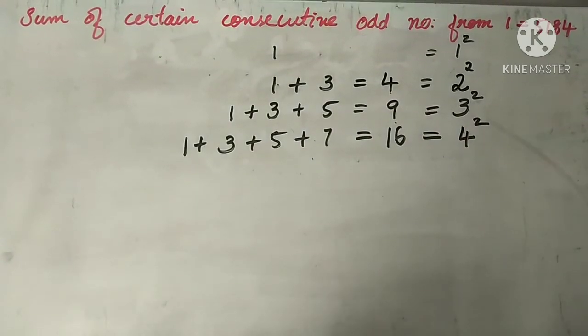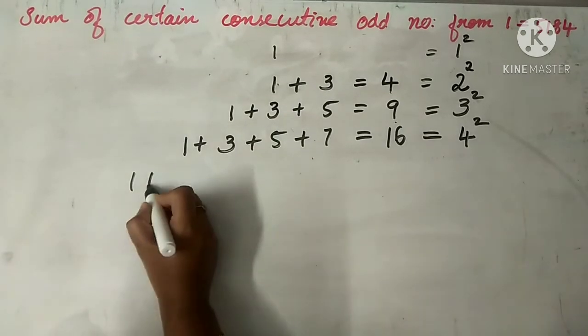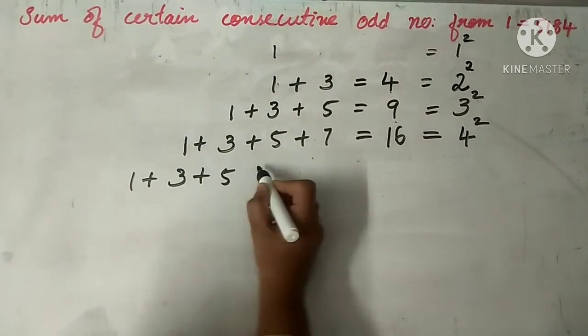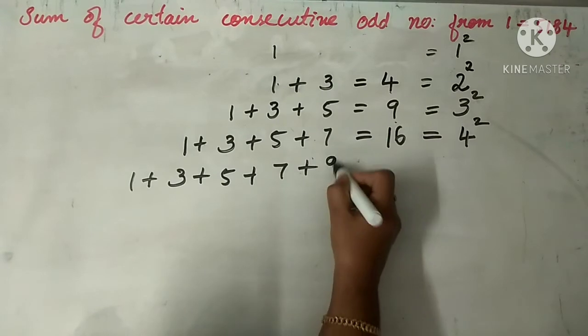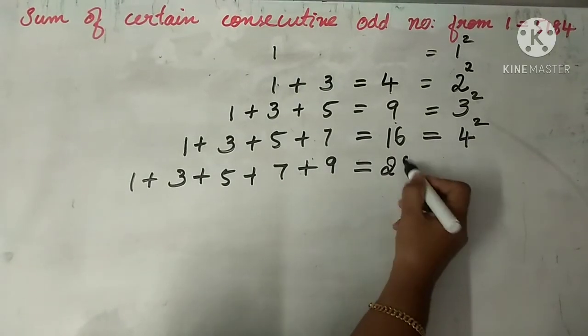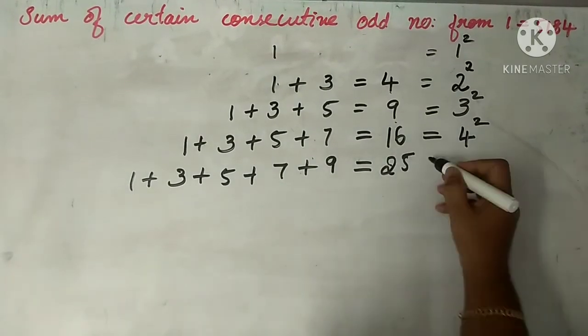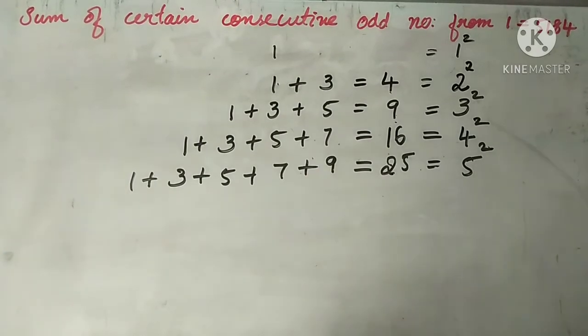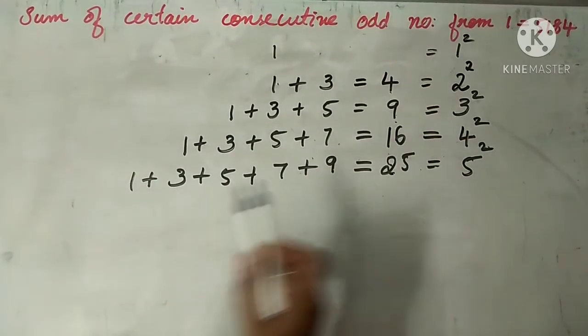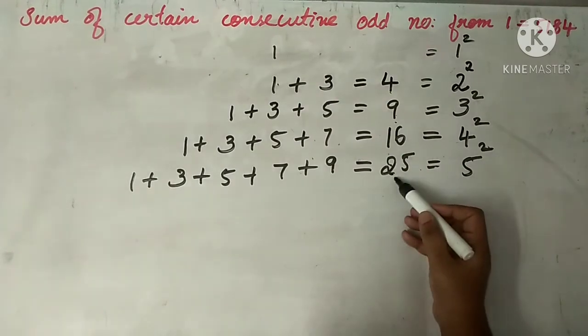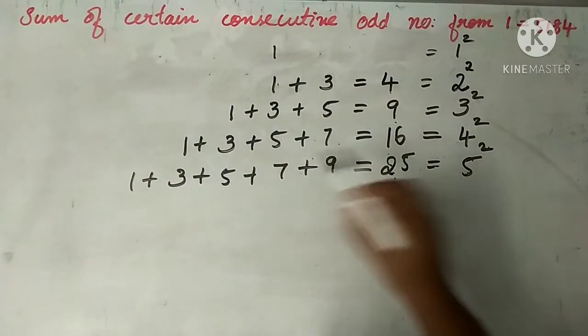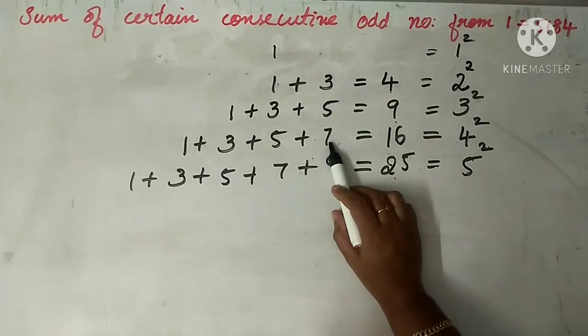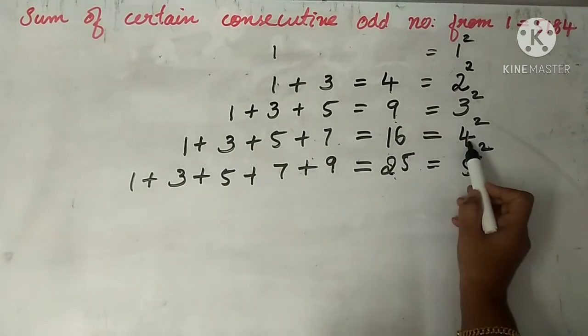When we add the first 5 odd numbers, 1 plus 3 plus 5 plus 7 plus 9, we get the answer 25. It's the perfect square of 5. See, when we add the first 5 odd numbers, we get the perfect square of 5. When we add the first 4 odd numbers, we get the perfect square of 4.